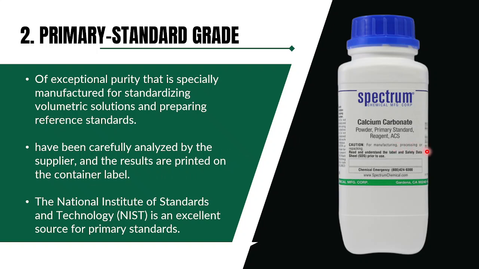Like in this case, we have the calcium carbonate, and we can see the label that this is a primary standard grade. It's very pure. Now, the National Institute of Standards and Technology is an excellent source for primary standard chemicals.